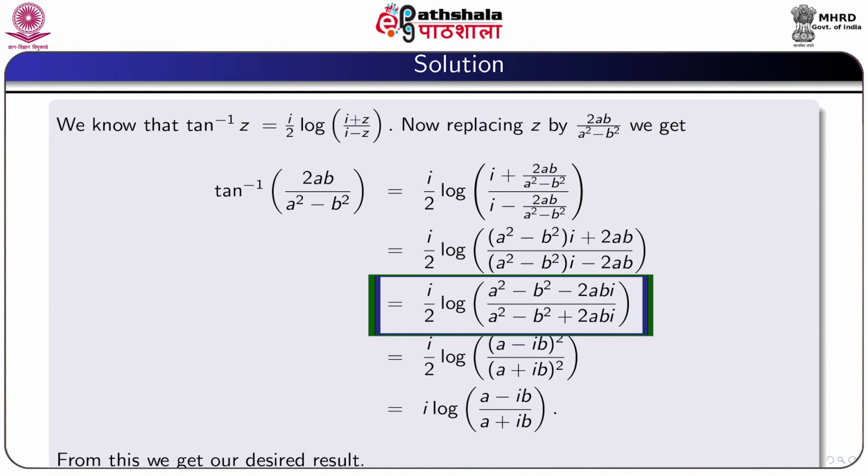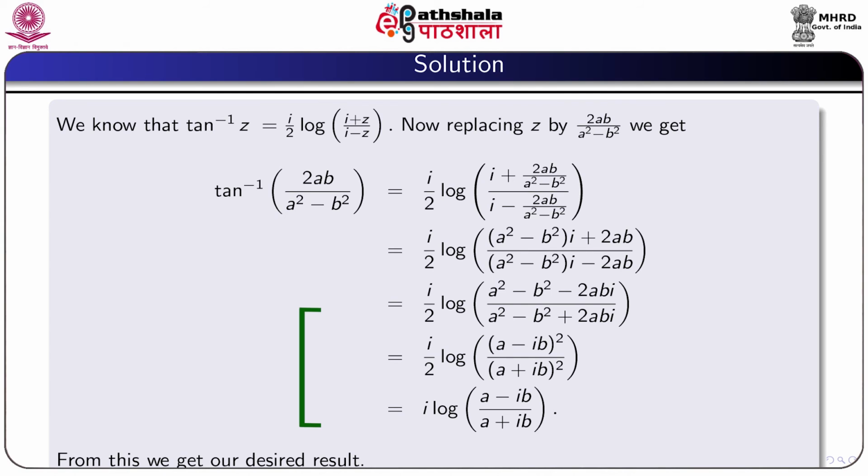That is equal to (i/2) log[(a² − b² − 2abi)/(a² − b² + 2abi)], which is equal to (i/2) log[((a − ib)/(a + ib))²]. This gives tan inverse [2ab/(a² − b²)] = i log[(a − ib)/(a + ib)]. From this we get our desired result.